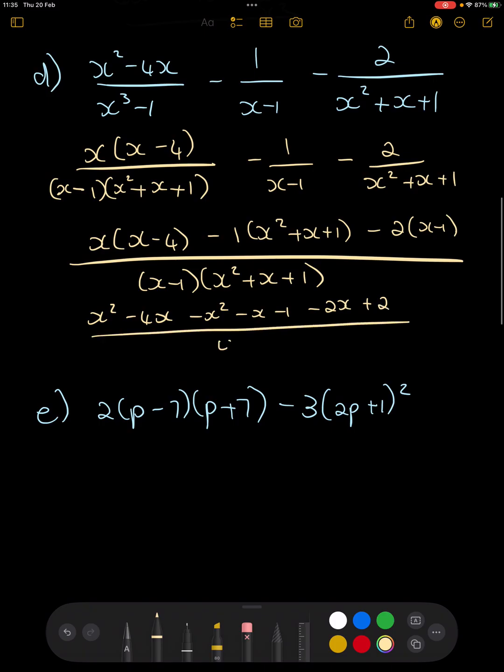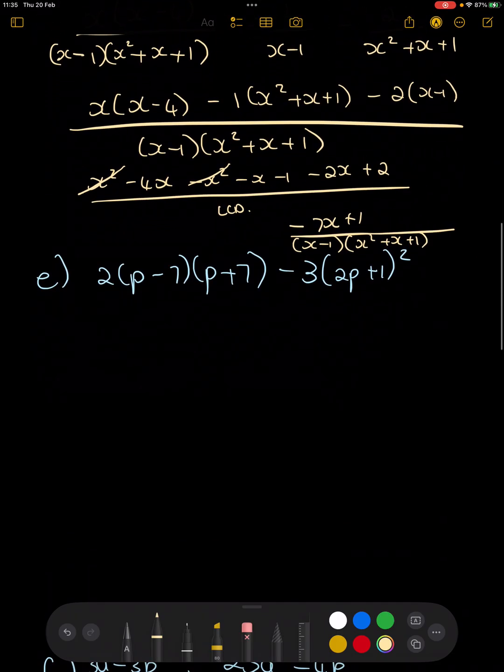I'm not going to write my LCD out now. You're supposed to, but I'm just going to show that it's the LCD. Then I can simplify from there, and then I'll write my LCD again. I can't simplify this any further, so that therefore will be my final answer.